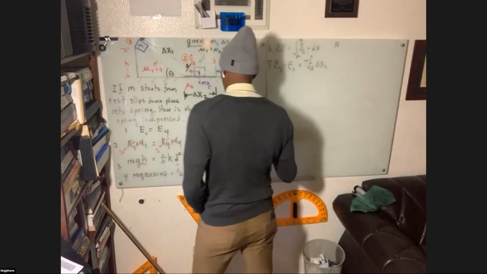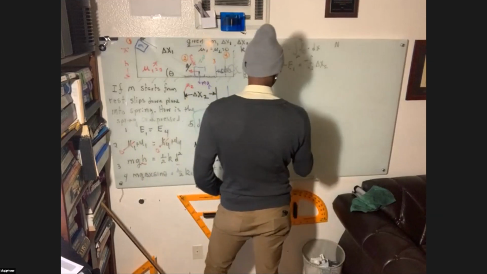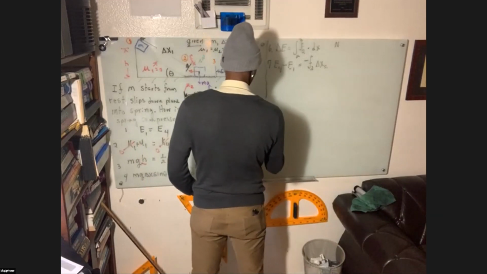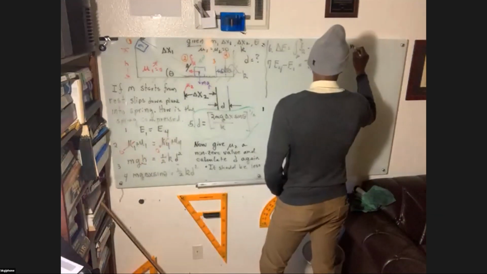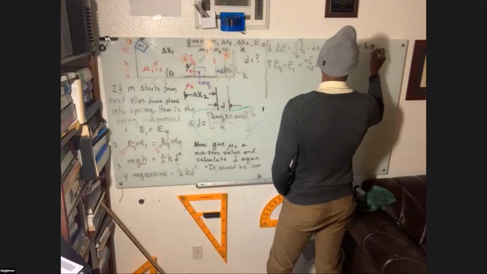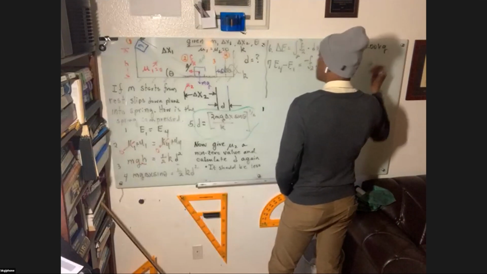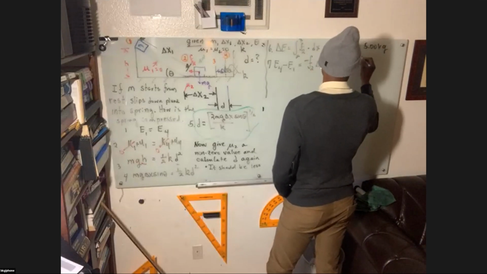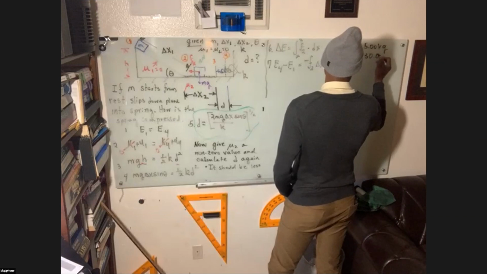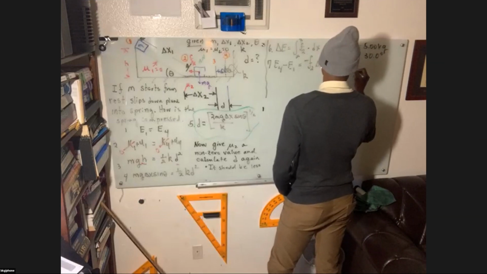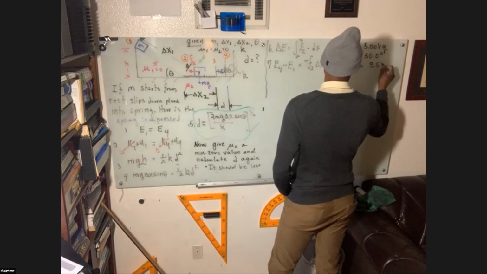So let's say, just to calculate the number here, so we can get a different number. So mass is equal to 5.00 kilograms. Let's say that theta is equal to 30.0 degrees. We can have delta x1 be, let's say, 3.5 meters.